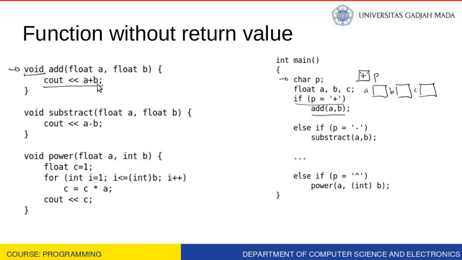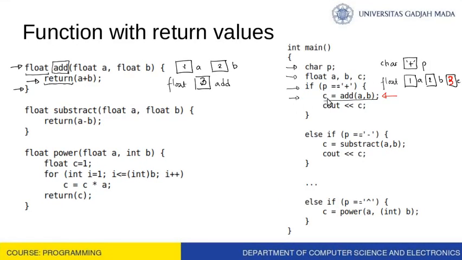And here, when the function call finishes, then we go back to this line, this operation. You can see that we don't have any assignment in here. So in our previous example, we have the assignment.